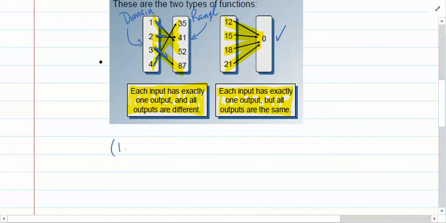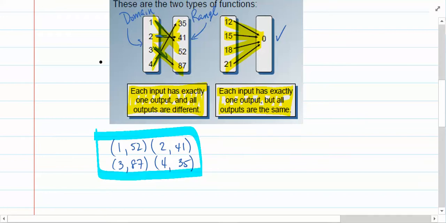And so I could write the coordinate 1, 52. I could write 2, 41. I could write 3, 87 and 4, 35. And this group of coordinates would also represent a function.